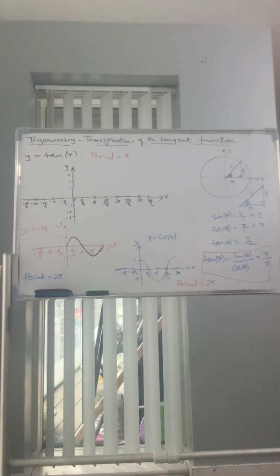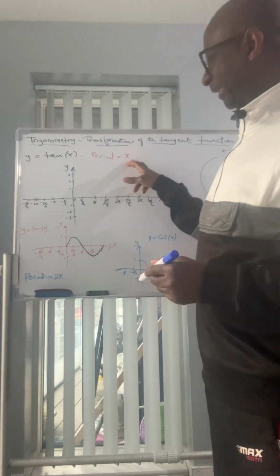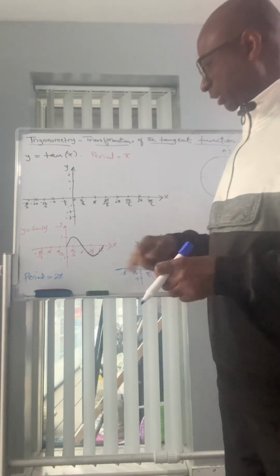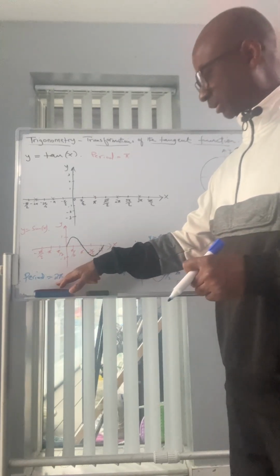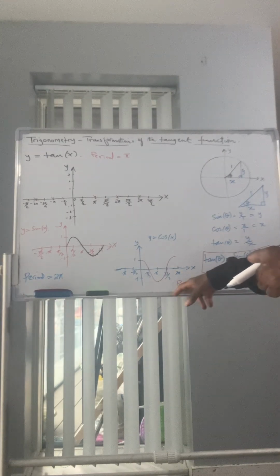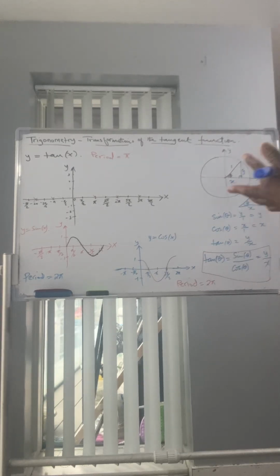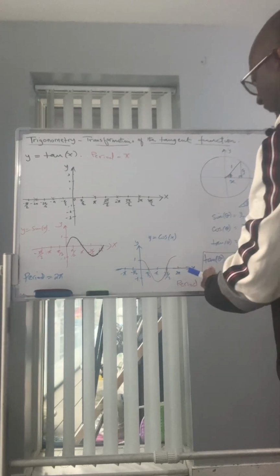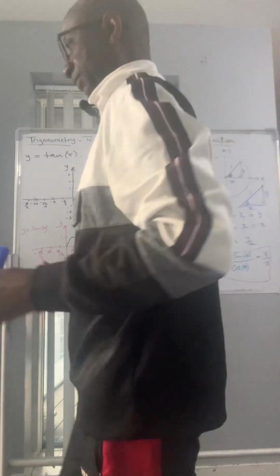But mind you, we have stated that the tangent function has a period of pi, which is 180 degrees. It's not a complete circle, as this is a complete circle, 360 or 2 pi. This one is a half circle. It repeats every half circle. So how do we translate this information into this graph here?